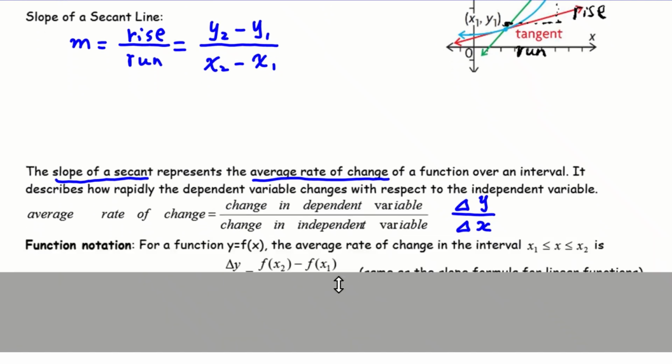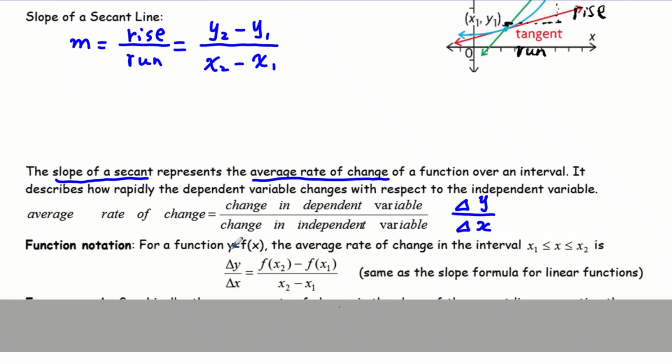For the function notation, if the function's name is f, the input is x, and y equals f at x, then the average rate of change in the interval x1 to x2 means from x1 to x2, we want to find the slope between these 2 points on the graph y equals f at x.